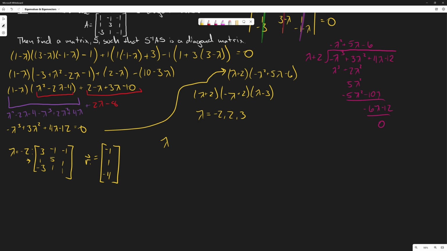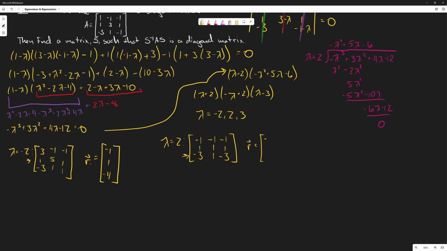The second one will be lambda is equal to 2. And this will be negative 1, 1, negative 3, negative 1, 3, not 3, 1, 1, negative 1, 1, negative 3. And so for this one, the eigenvector, we cancel out the third row.